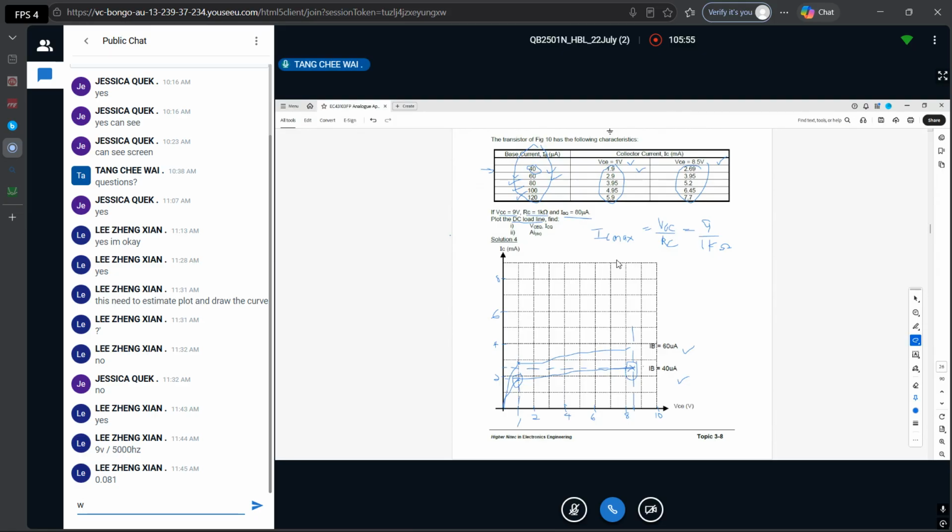I want 9 volts divided by 1000, with 1 kilo.